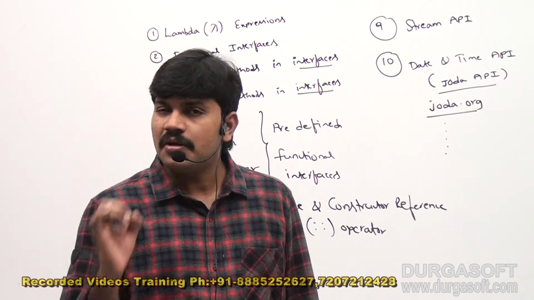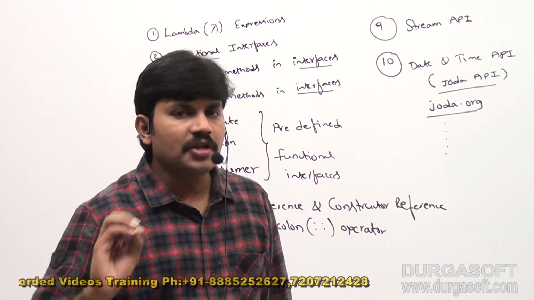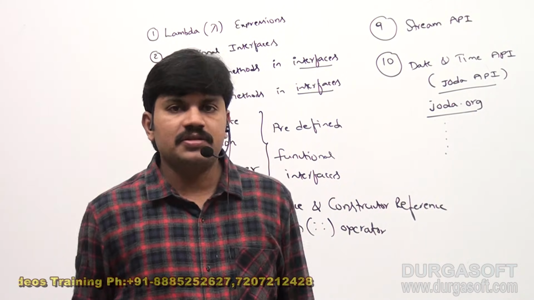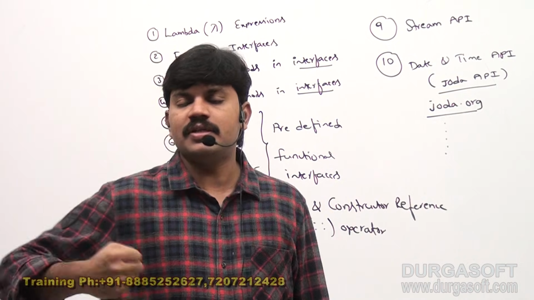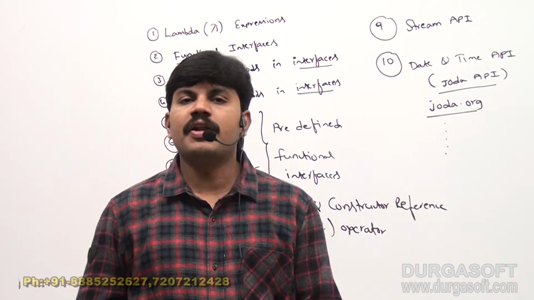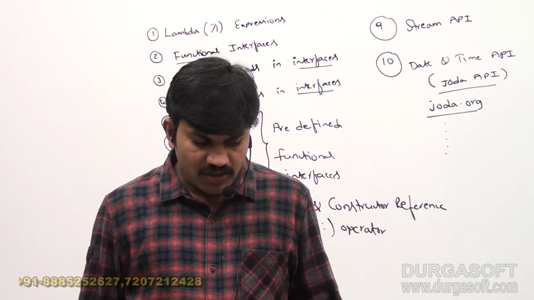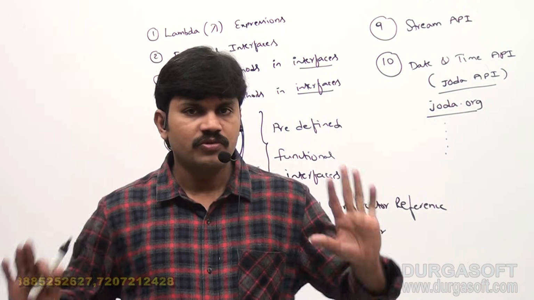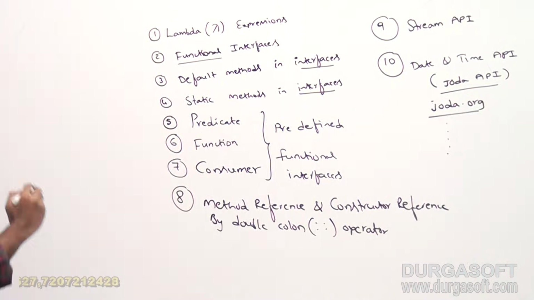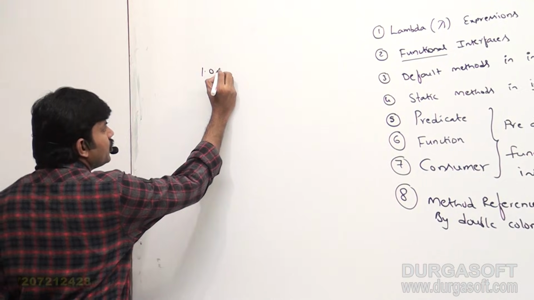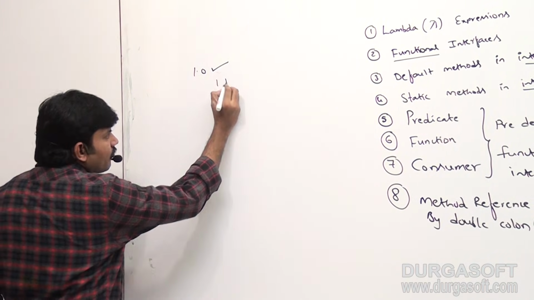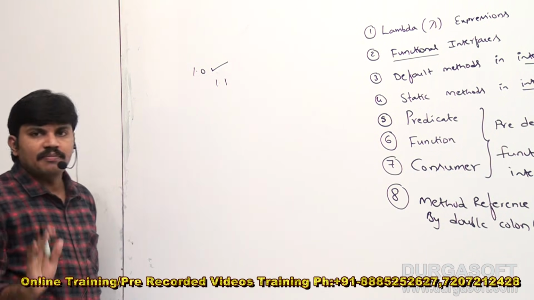That's why in the Java 1.8 version, the focus is on only three things. Remember why this Java 1.8 version came into the picture and what their main intention was compared with the last releases. Java 1.0 is the first major version, 1.1 is a minor version.